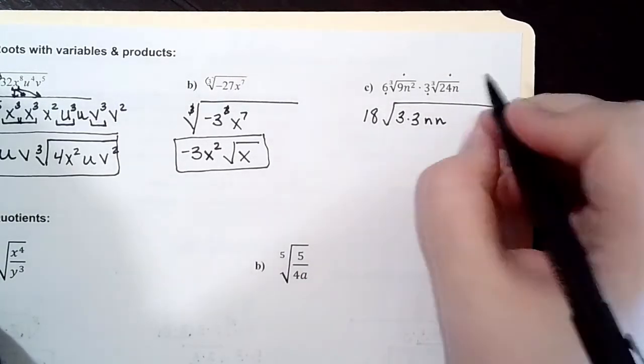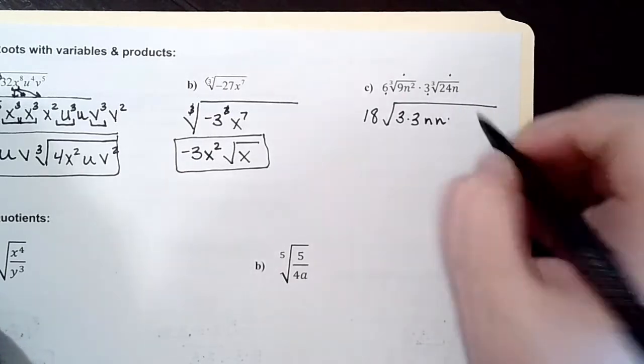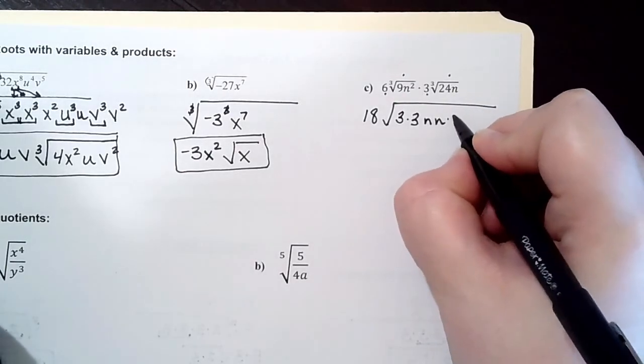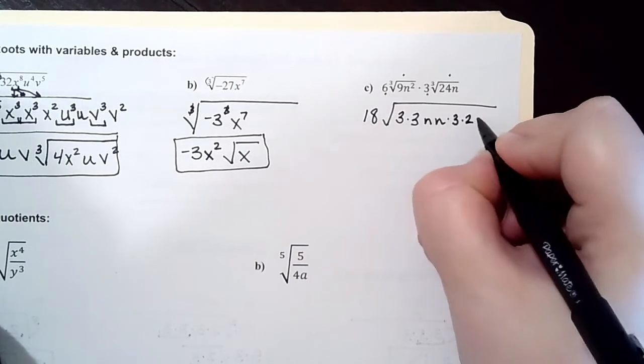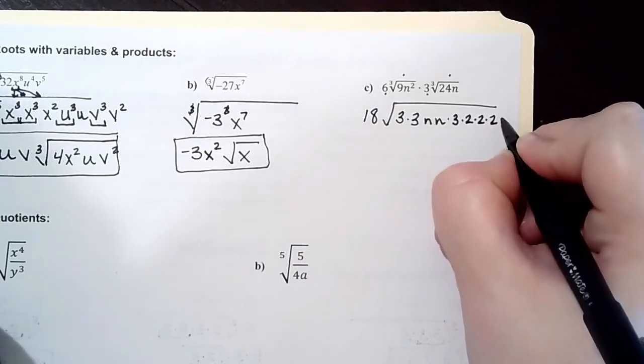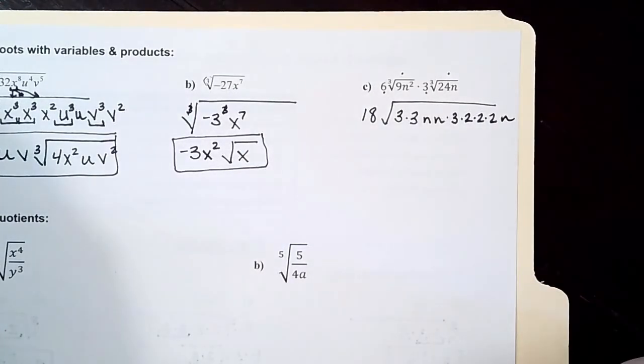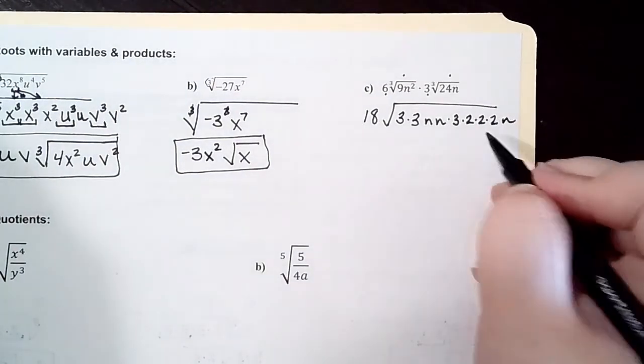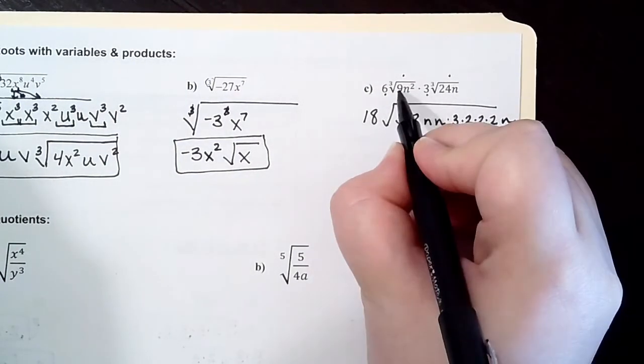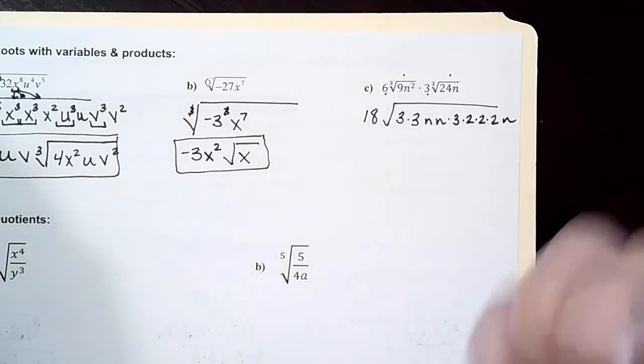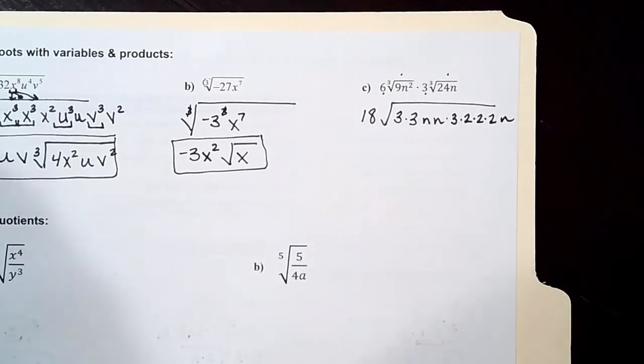And because I'm multiplying it times 24, I'm going to multiply it by 3 times 2 times 2 times 2 times n. That way I've multiplied it, but I've also taken that opportunity to break it down. I don't need to multiply these together, put them together, and then break them down. It's a lot of extra work. We don't want to do that.